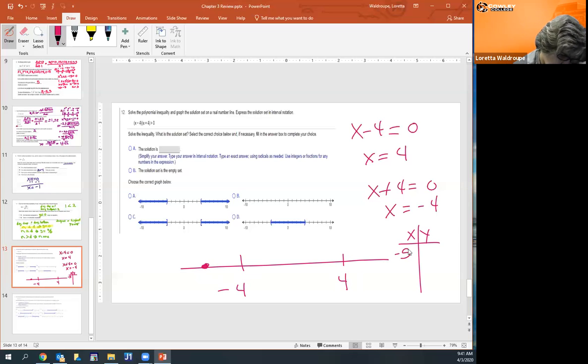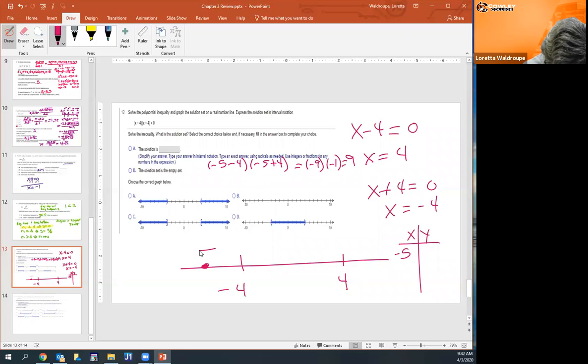If I put a negative 5 in there and solve, that's a negative 9 times a negative 1, which is a positive 9.